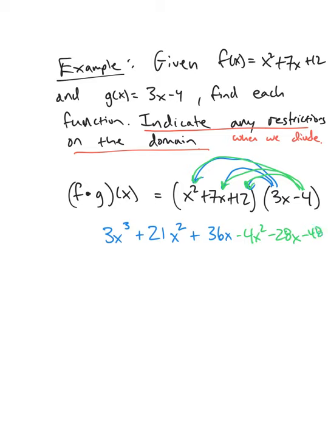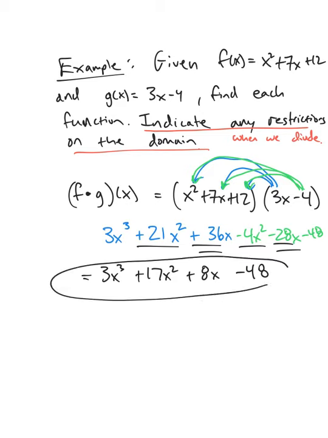All right? And then it's just combining like terms, okay? No other x cubed numbers, so 3x cubed. X squared, 21 minus 4, so 17x squared. 36 minus 28, that's positive 8x. And then negative 48 by itself.